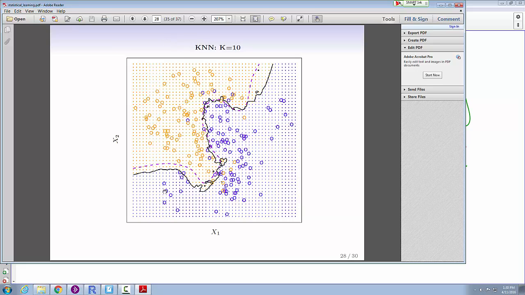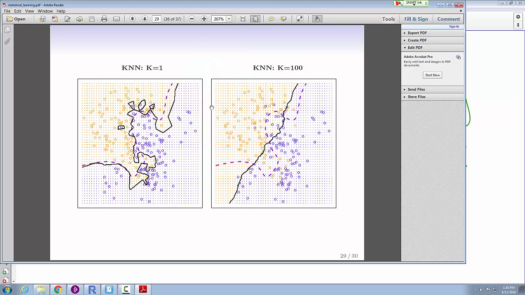If we did a highly flexible version of the k-nearest neighbors algorithm, we might see something like the black pattern. Pretty irregular, very jittery. As opposed to k equal to 1 and k equal to 100.